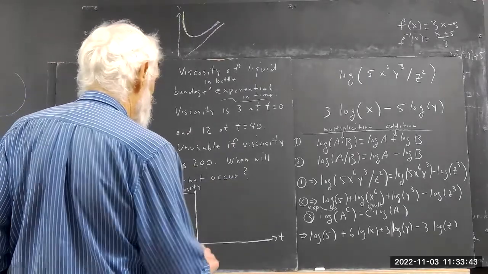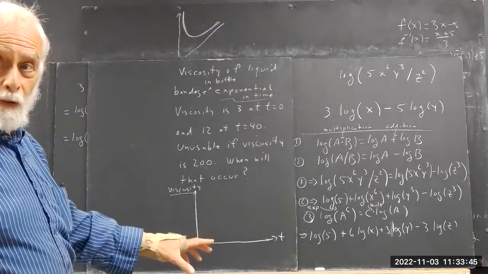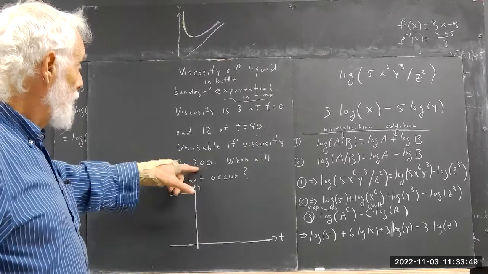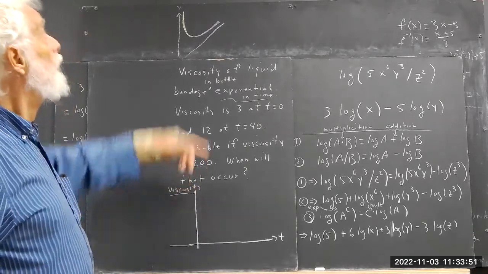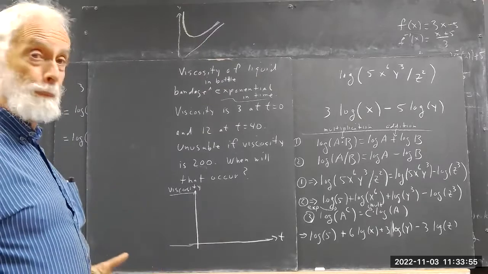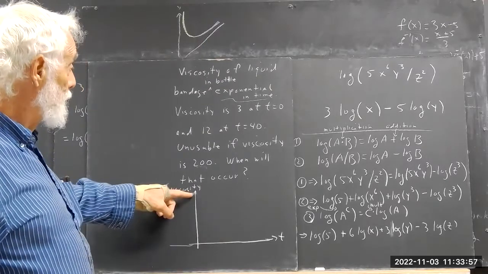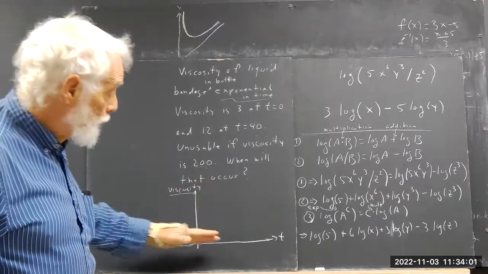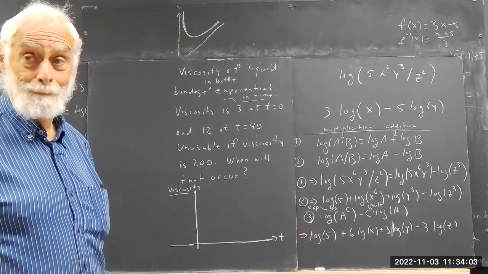If you do that, though, your graph is not going to show you where the viscosity is 200. If 12 is here, 200 is way up there. However, if you put 200 here, 12 is going to be down really close to the axis, and your graph is going to look really flat.